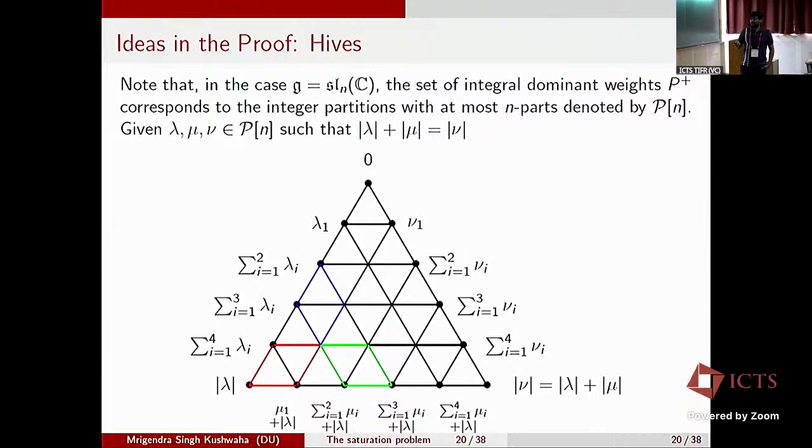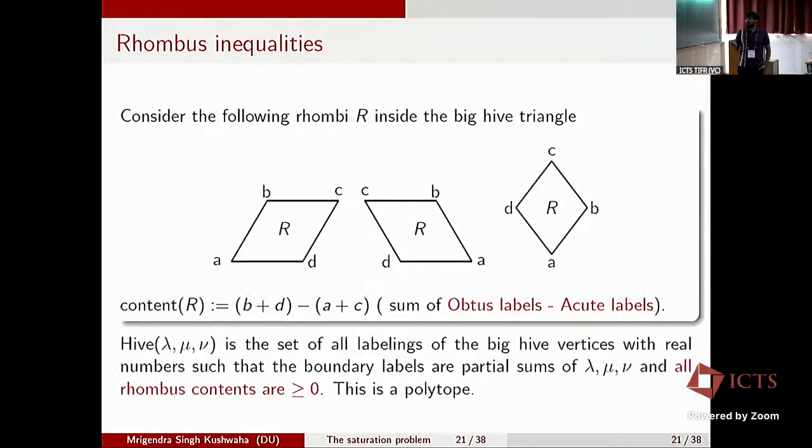So what are those conditions? We can notice that there are three kinds of rhombus here: the right slanted, the left slanted, and the vertical. There is a rule to fill it. If the labels of a rhombus are A, B, C, D, we define the content of a rhombus as the sum of the obtuse labels minus the sum of the acute labels, that is B plus D minus A minus C. This rule is for any kind of rhombus.